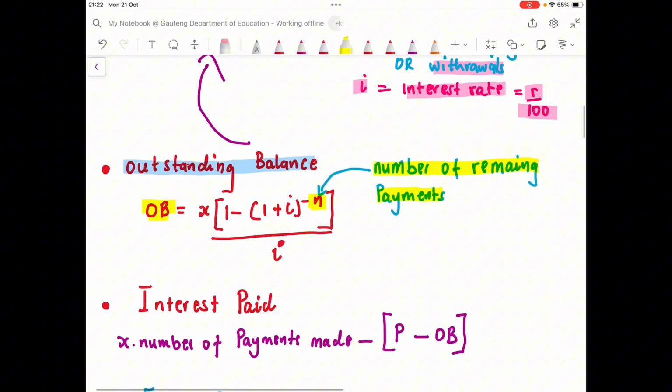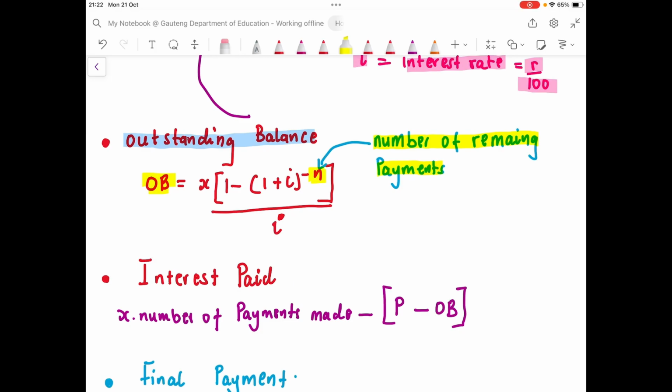After outstanding balance, you must also be able to calculate interest paid. So interest paid in 1 year, 2 years, 3 years, and so on. To calculate the interest paid, we use the formula X, remember we said X represents the equal payments, multiplied by the number of payments made.